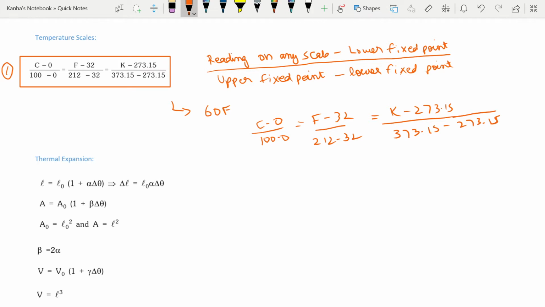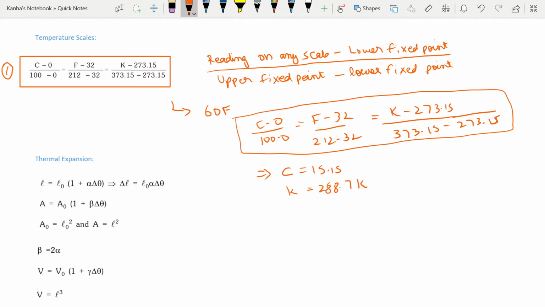Okay, with this you can easily write that C is equal to 15.15 and K is equal to 288.7 Kelvin. Okay, this form should be remembered.